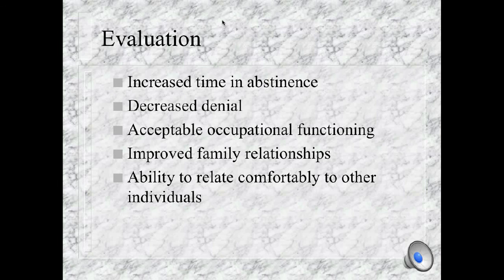And of course, I do want to say the constant defense mechanisms used by a substance user would be projection, denial, and rationalization. They blame other people for why they drink.